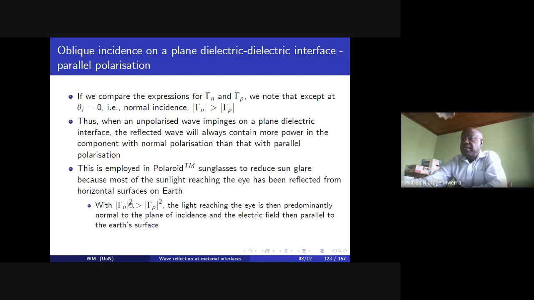And therefore, since gamma n squared is greater than gamma p squared, the light that will be reaching the eye will then be that with the electric field normal to the plane of incidence, that is, the electric field will be parallel to the Earth's surface.